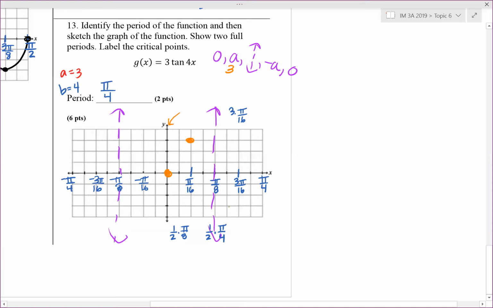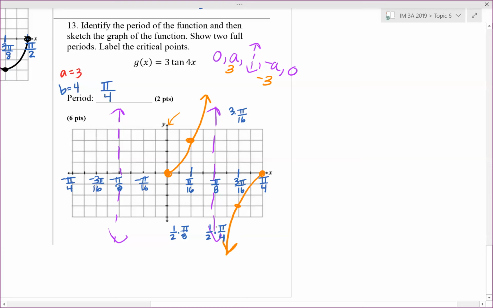I already drew in the asymptote just because it gives me a little bit of a visual as to if my pattern's going okay. And then I should have a negative 3 and then a 0 again. And so these always look kind of funky because I'm going from the 0 towards the asymptote. So when I graph this, I'm curving it this way and I'm curving this one this way. Okay, so that's one cycle of tangent.